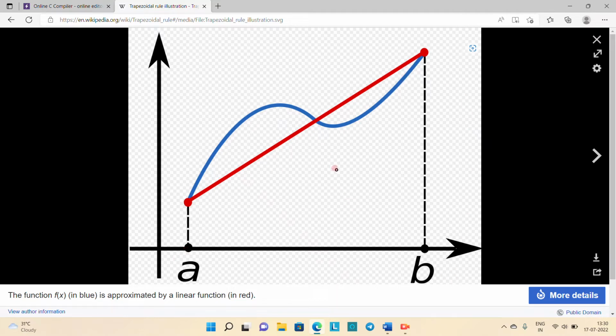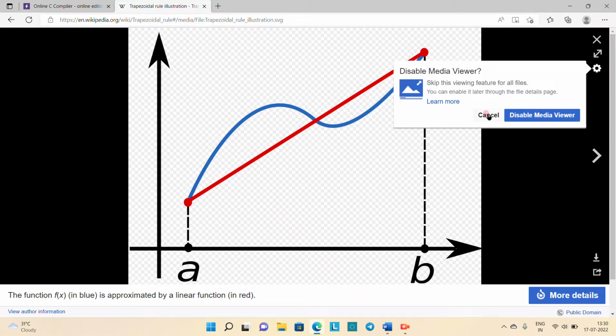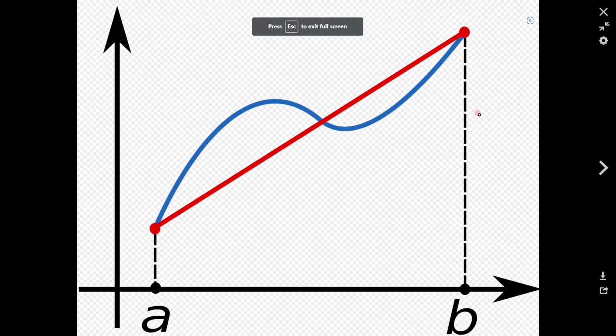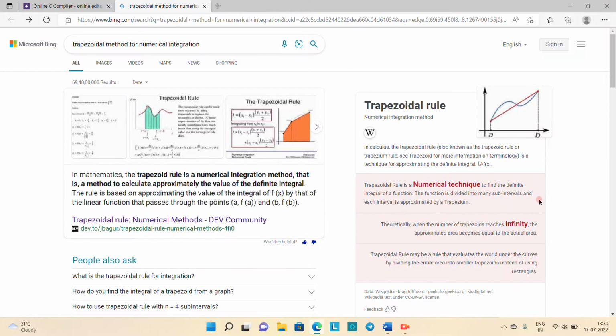The integration is nothing but, when we integrate this function from a to b, we are just calculating the area covered from a to b by this curve. That is also given here.